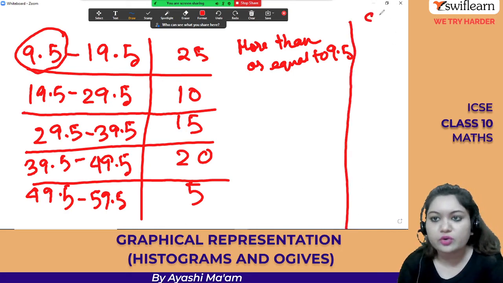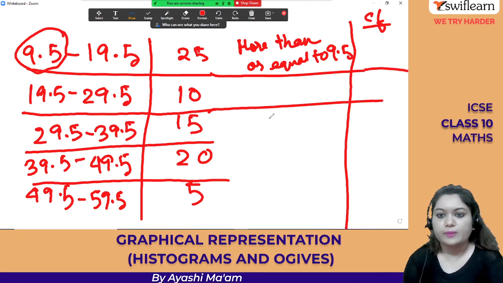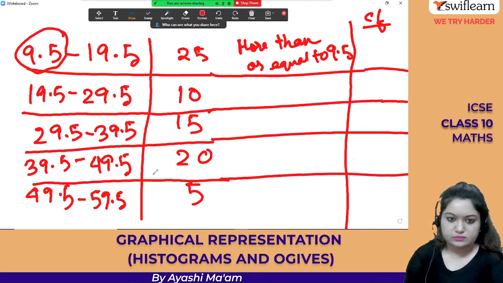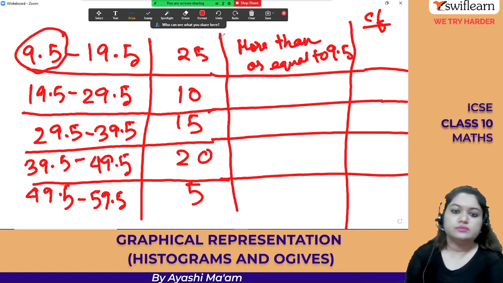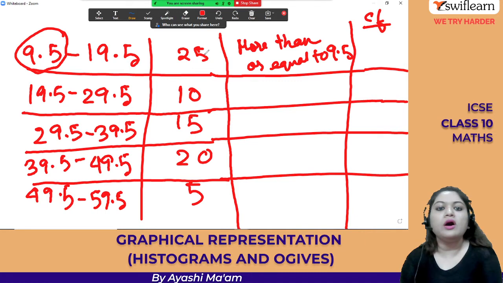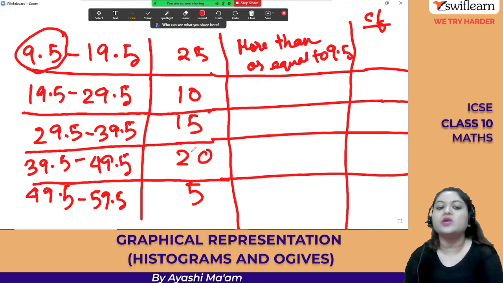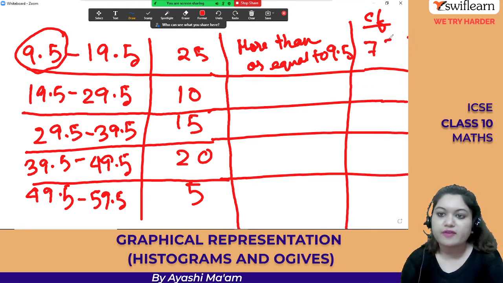And here we are going to write down the cumulative frequencies. More than or equal to 9.5. So all these are more than or equal to 9.5, that means it is the addition of all of them. That is 25 plus 10 plus 15 plus 20 plus 5, and that is going to give you 75.